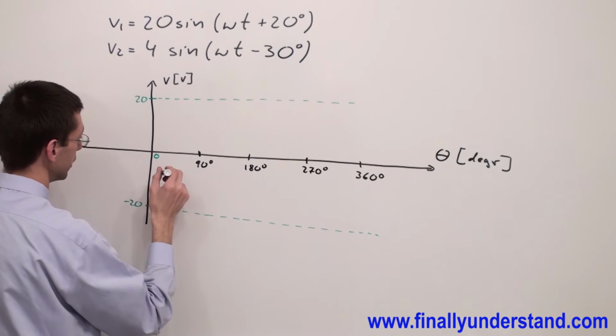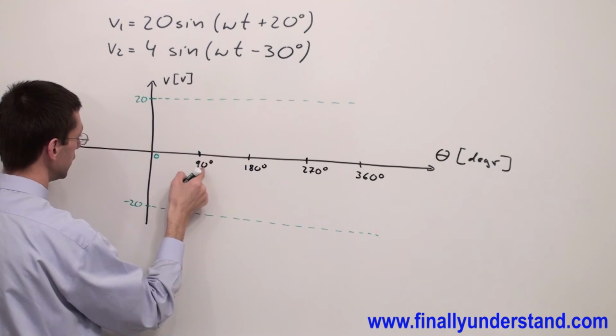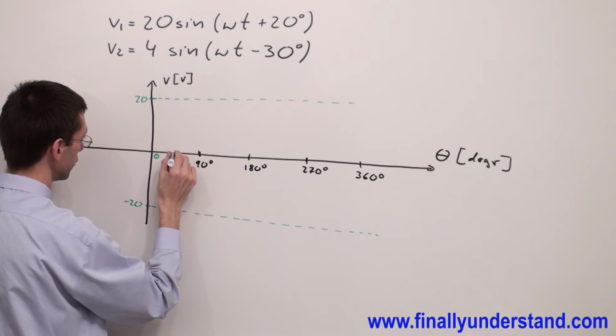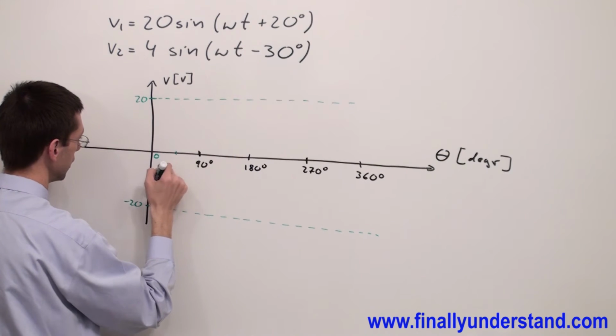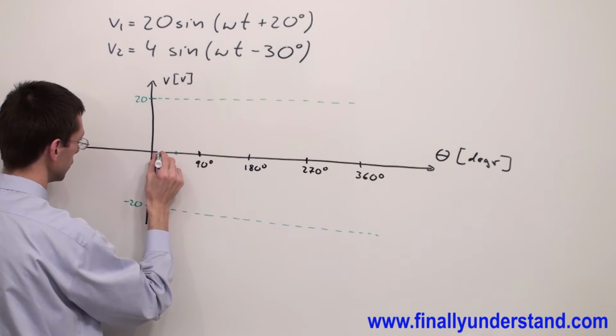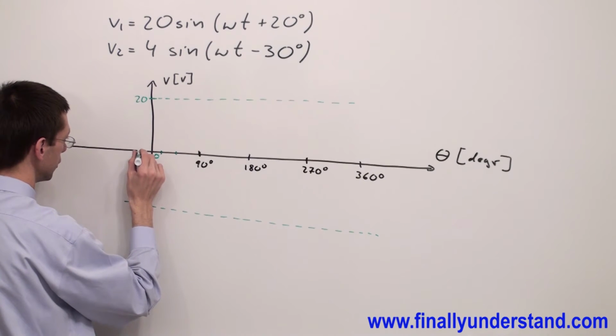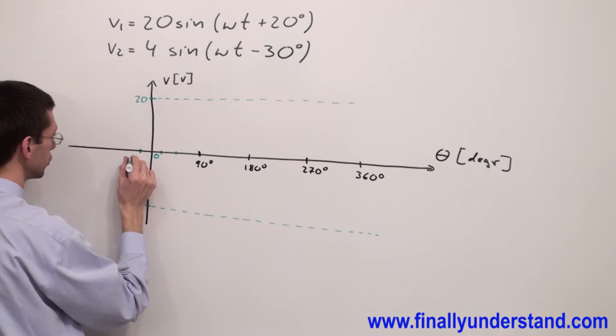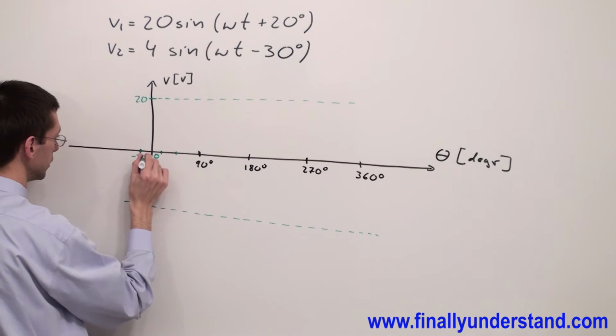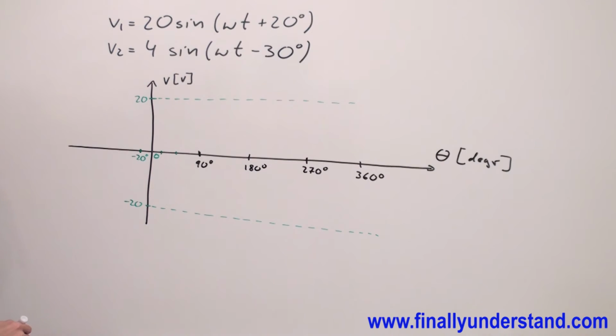We know that half of 90 is 45, somewhere over here, and 20 is going to be approximately somewhere over here. So this is going to be minus 20 degrees.